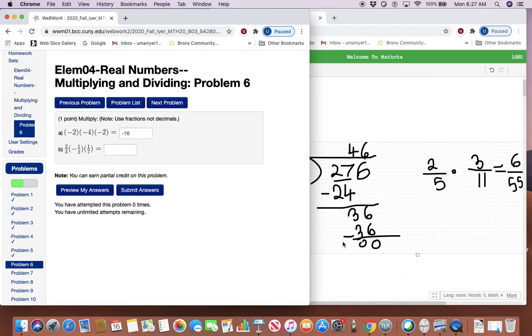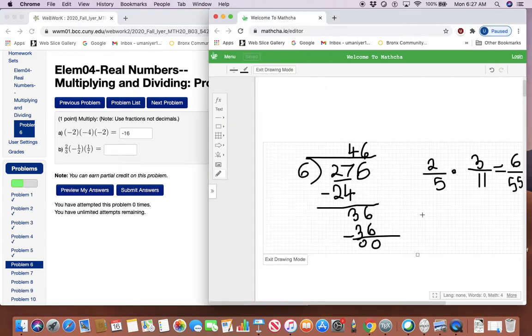Multiplication of fractions. Well, what do you do? I have 2/3 times a negative 1 over 2 times 1 over 7. So notice numerator versus denominator in multiplications.